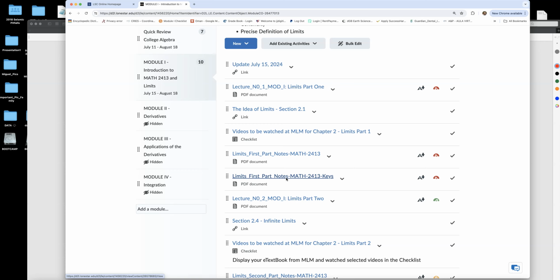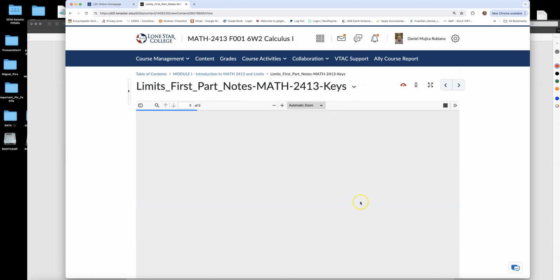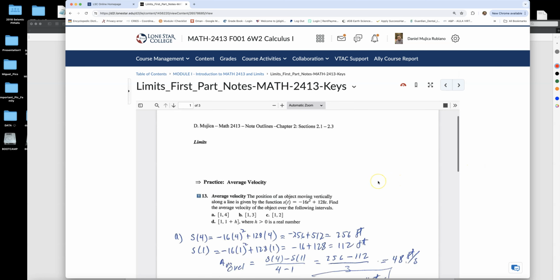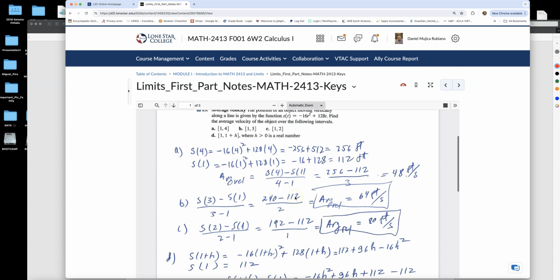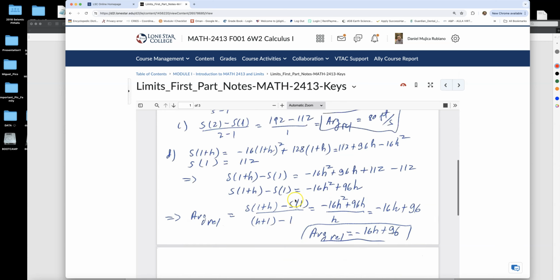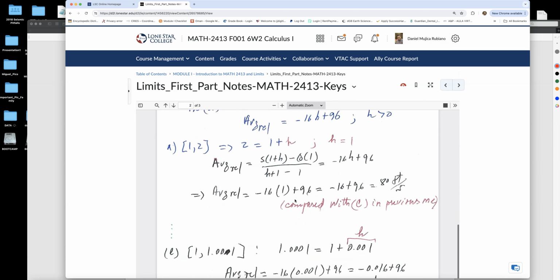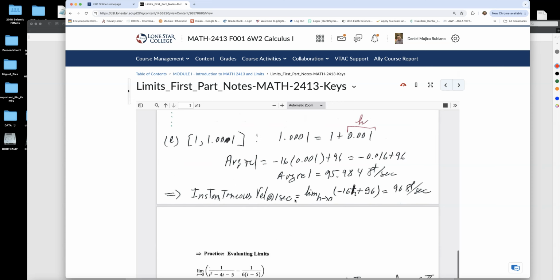I put that one in yesterday or the day before yesterday. If you open here, that is the notes, but now you're going to have the breakdown for each one of the practice exercises that I suggest. Okay?